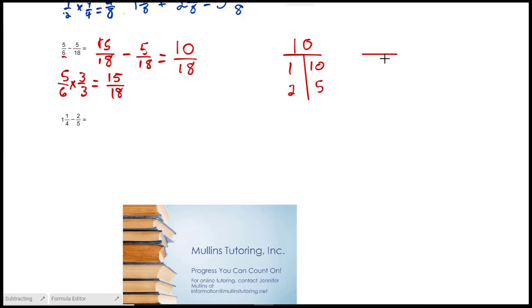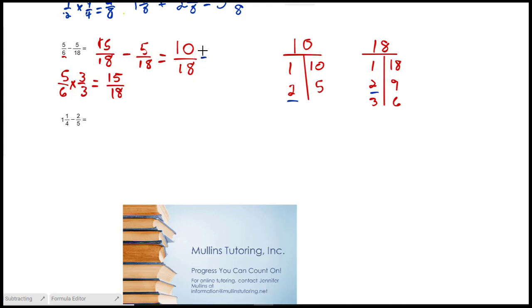For 18, I have 1 times 18, 2 times 9, 3 times 6. So the common factors are 1 and 2, but as I said before, 1 never changes anything, so that would never be the common factor we'd use. However, 2 is the common factor here.